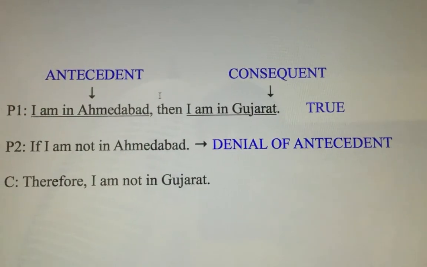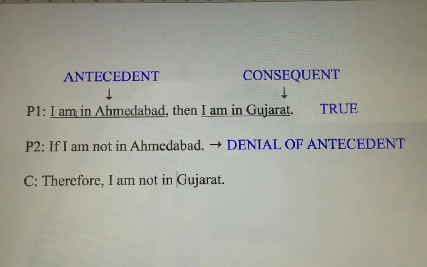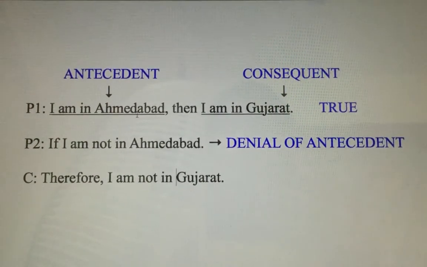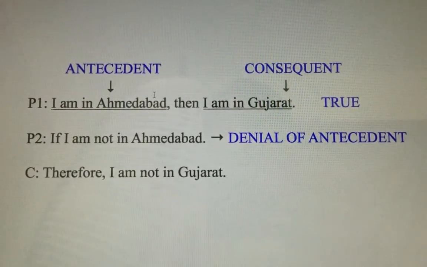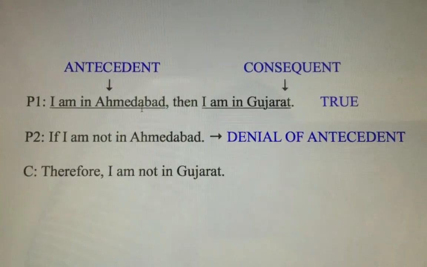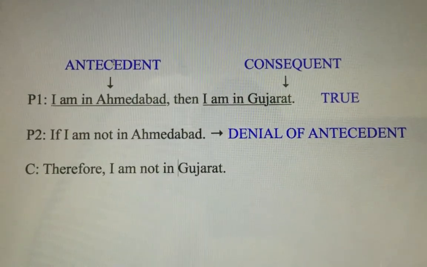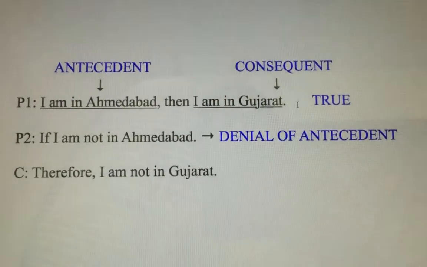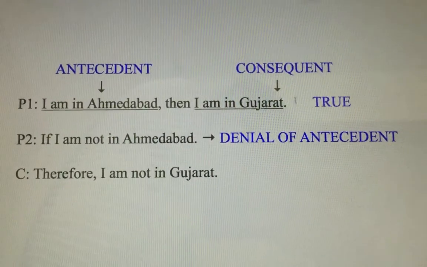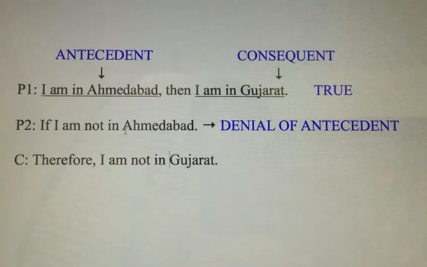Let's try this example. Premise 1: If I am in Ahmedabad, then I am in Gujarat. Here, I am in Ahmedabad represents the antecedent of the conditional statement, which is P, and I am in Gujarat represents the consequent, which is Q. Premise 2: I am not in Ahmedabad.